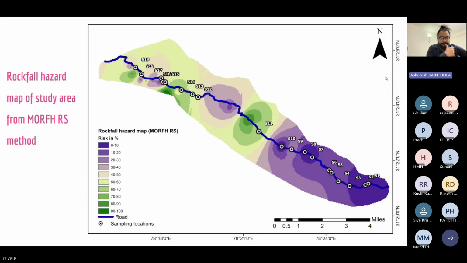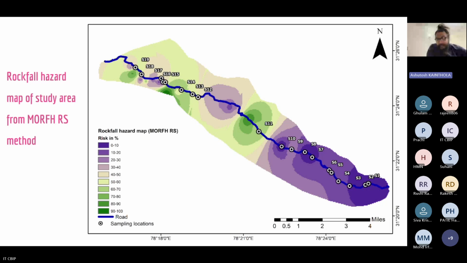So, as with the previous case, we had created a rockfall hazard rating scheme. Here we have created a risk map, and the zones in violet colors are comparatively low risk, and the zones in greener colors are high risk.